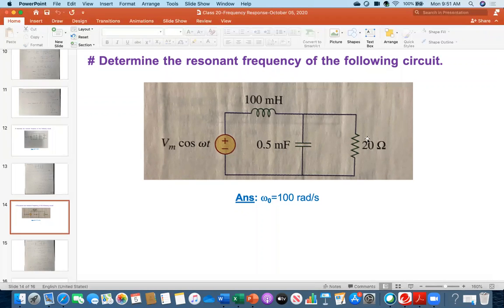That's why in this case you please calculate the impedance Z, and then you decompose, organize into real and imaginary, and equate the imaginary part to 0, and then the similar calculation, and let me know you are getting 100. This is practice for you.